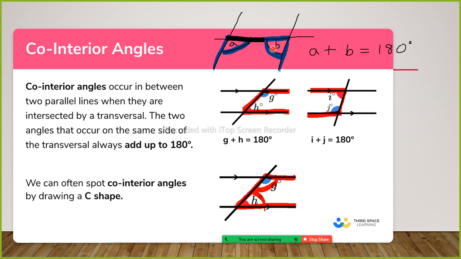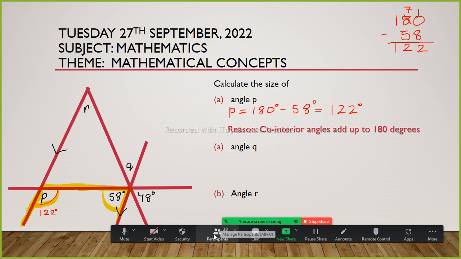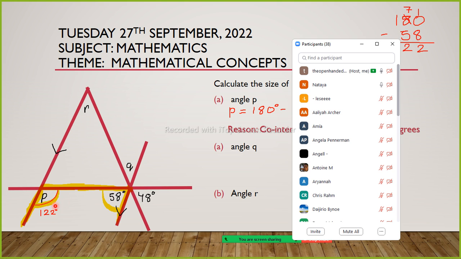For example, A and B must add up to 180, and G and H must add up to 180 degrees. Every time we have the C formation, they must add up to 180 degrees. So we have angle P and angle 58. What must they add up to? 180. Very good, 180 degrees.